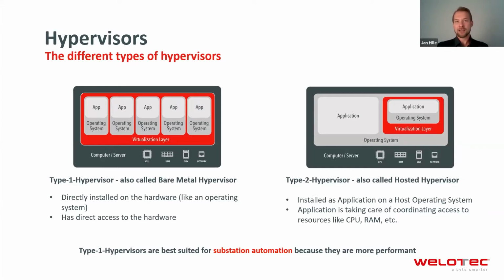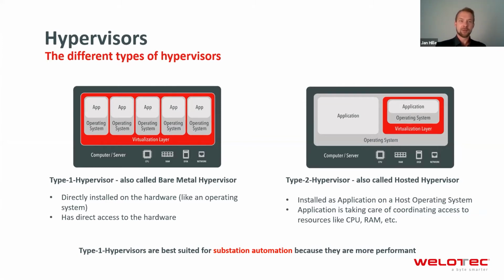They have direct access to the hardware and to all the other system resources. While type 2 hypervisors, or hosted hypervisors, are installed as an application on top of the host operating system. So you install, for example, a Windows operating system, and then you install some application, which then takes care of managing and coordinating access to the resources like CPU, RAM, and interfaces.